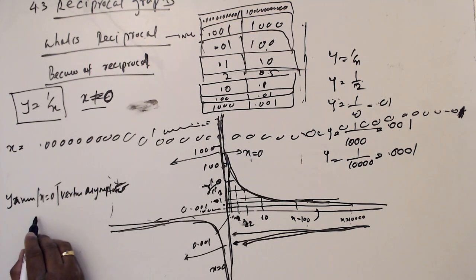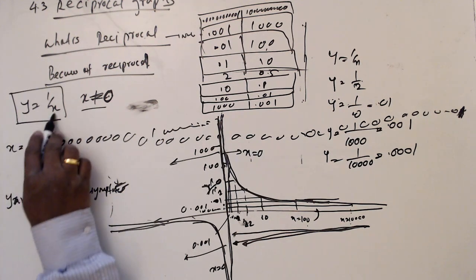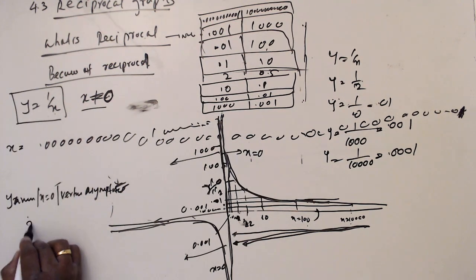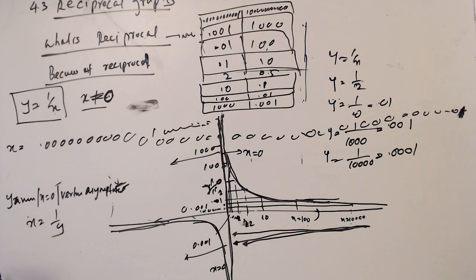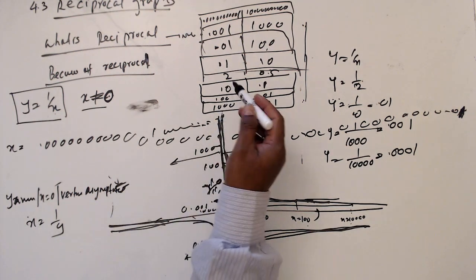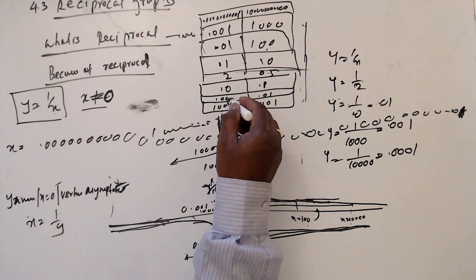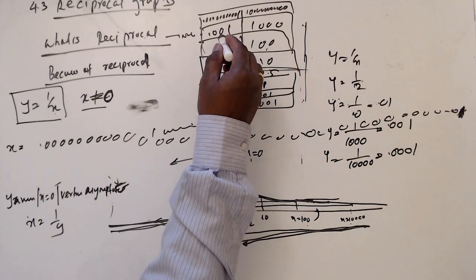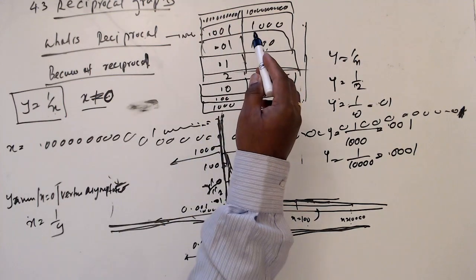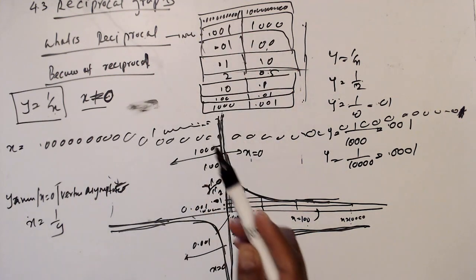Now I will write it like this. y equals 1 over x, I cross multiply and I can write x equals 1 over y. When you look at that, the same thing happens to the x-axis as well. When y is getting smaller and smaller, x is getting bigger and bigger.